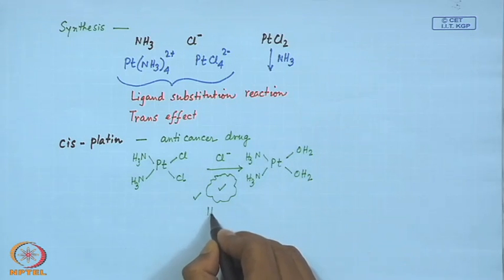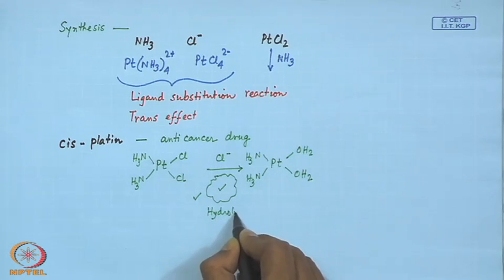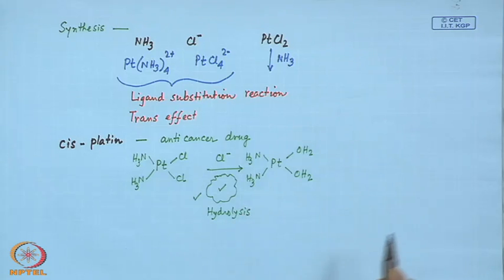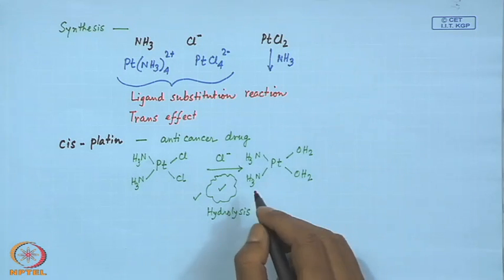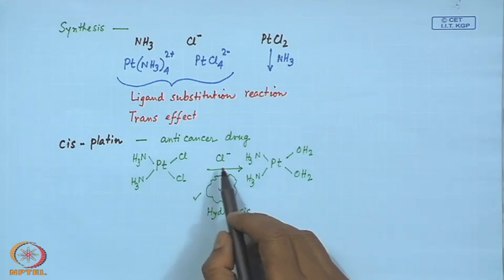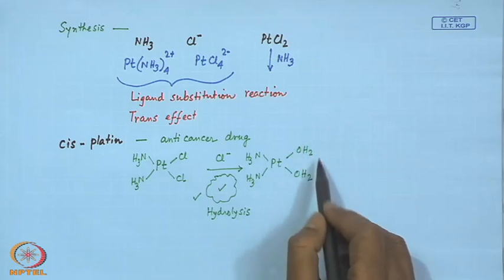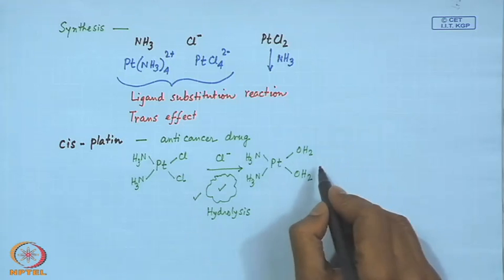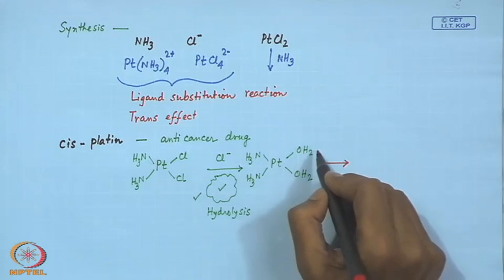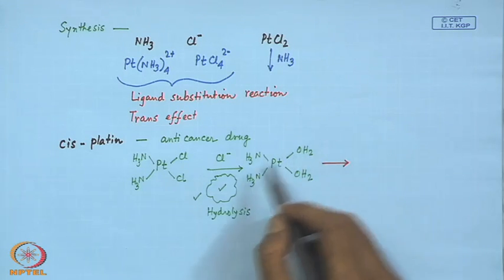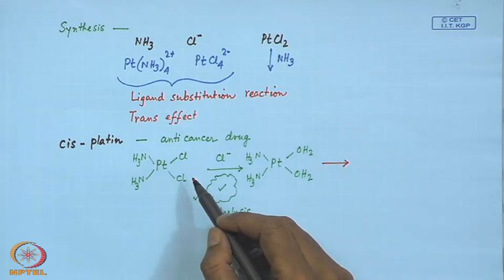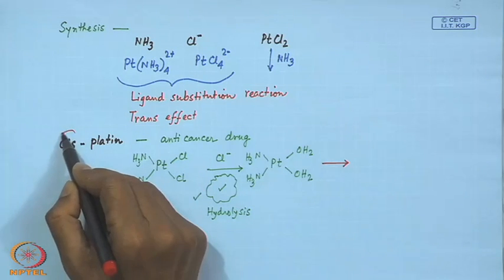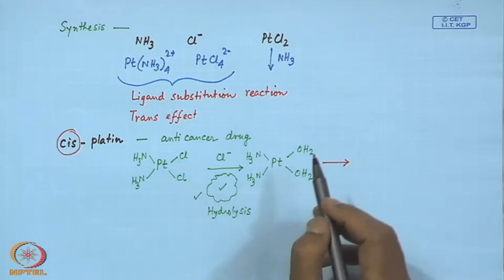So, this is the hydrolysis reaction, and this hydrolysis is dependent on the chloride concentration. When the chloride concentration is less, it can go for hydrolysis, and then it can go for ligand substitution reaction. So, that is the basic activity of this anti-cancer drug, of only this isomer, which is the cis isomer.